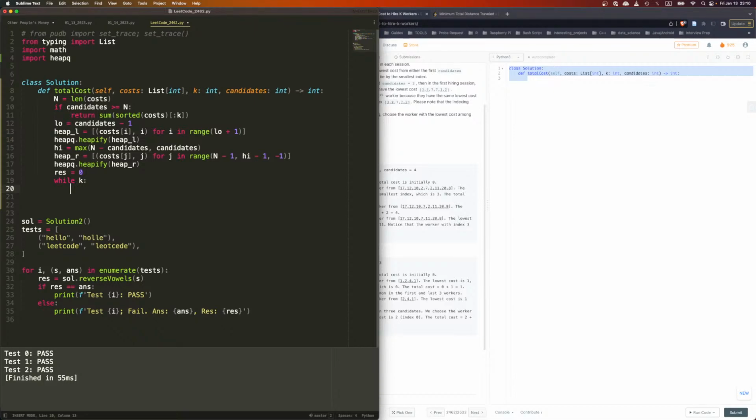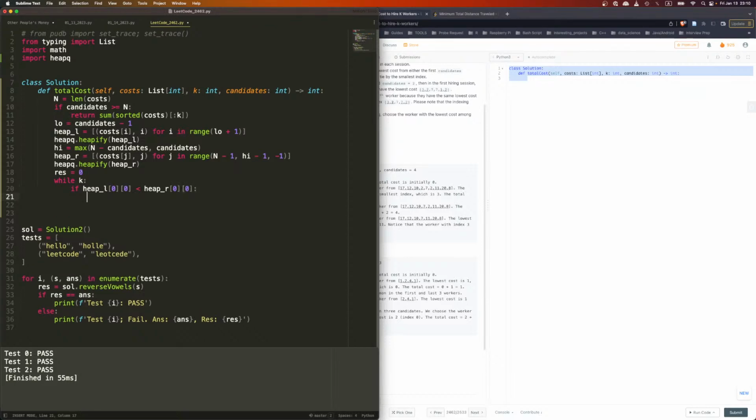We just basically say if heap left 0 0 is smaller than heap right 0 0, then rest plus equal to heapq.heappop heap L.